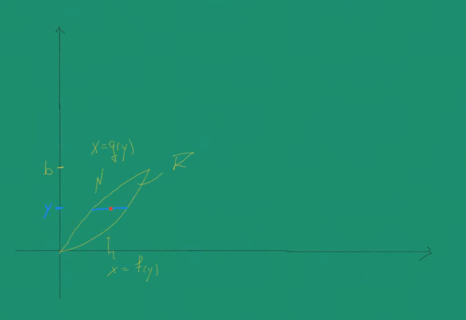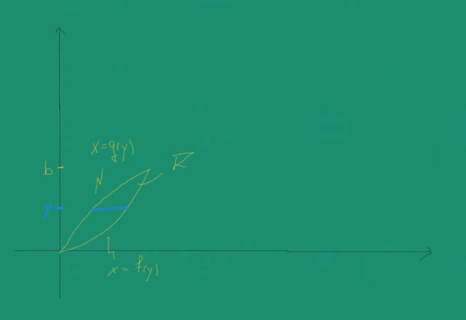If, when we rotate our horizontal line segment, we obtain a slice which looks like a disc or maybe a washer, then we'll use the method of slicing. If, when we rotate our horizontal line segment about the line that we're supposed to be rotating R about, we obtain a shape that looks like a cylindrical shell, then we'll use the method of cylindrical shells. And that's really all we have to remember.